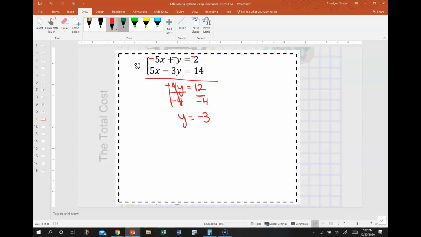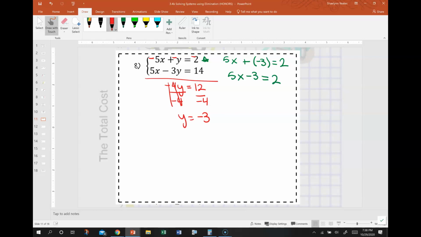Then I just need to pick a random equation that I like. I like this one just fine. I'm going to pick the original equation. So 5x plus, and instead of y, I put negative 3, equals, and instead of negative 2, I put the positive 2. I went back to my original equation. If I say plus negative 3, that's the same thing as minus 3.